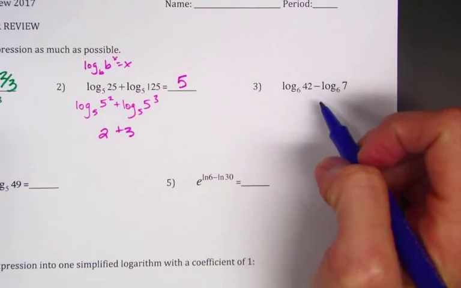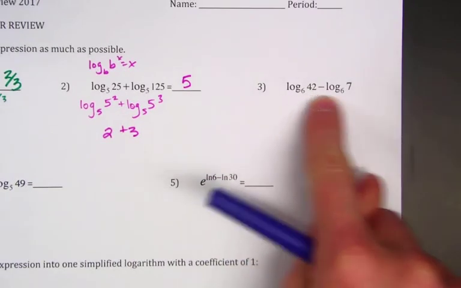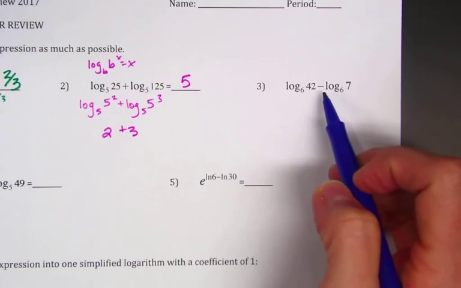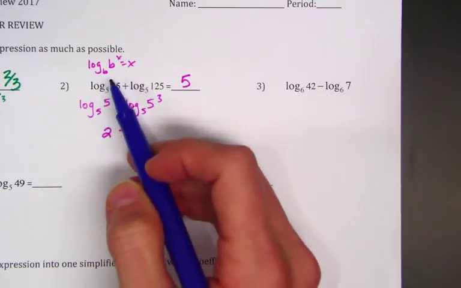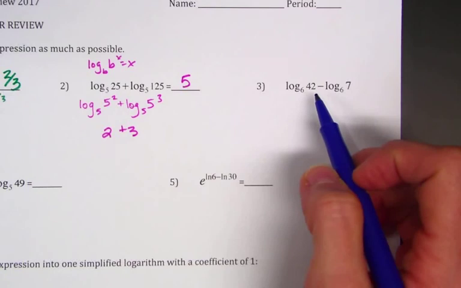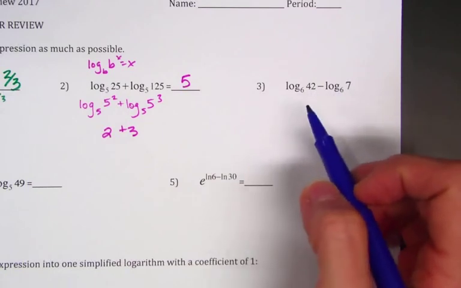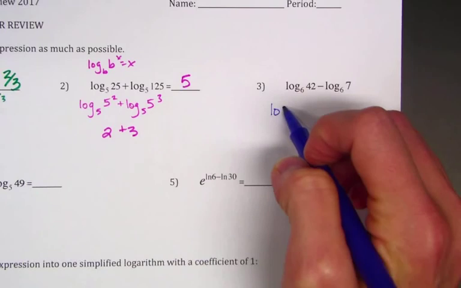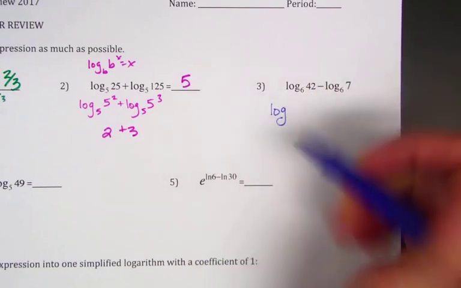For this one, I have log base 6 of 42 and log base 6 of 7. And I have a minus in between, so I can use the quotient property. Now, first I look to see if I can use the base property, but with this one, 42 and 7 will not end up with a base of 6. So what I'm going to do is I'm going to go ahead and start with the quotient property this time.